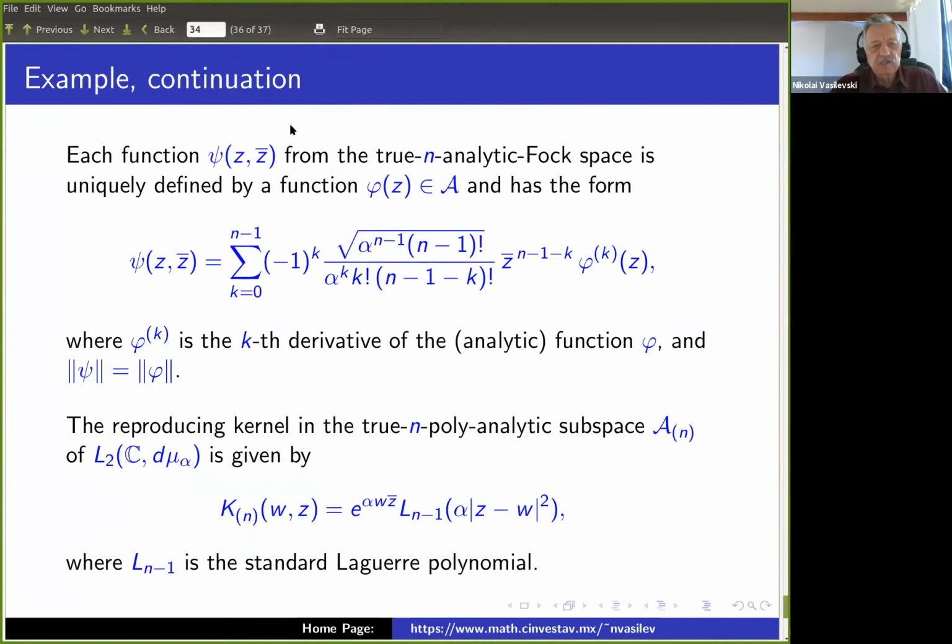It permits us to describe the n true polyanalytic Fock space in this case, and to easily recover the reproducing kernel for the n polyanalytic space, which is given in terms of the kernel for analytic functions times a Laguerre polynomial applied to this.